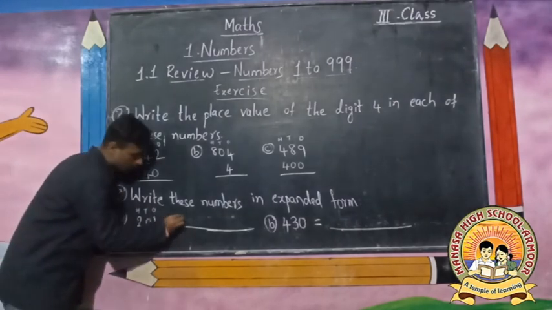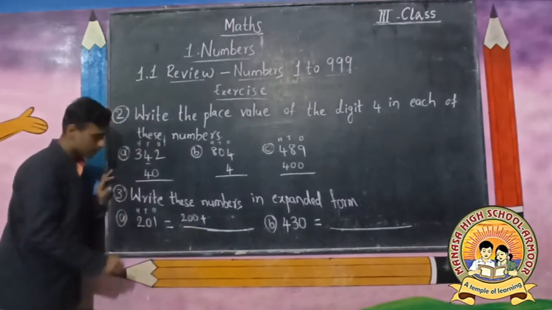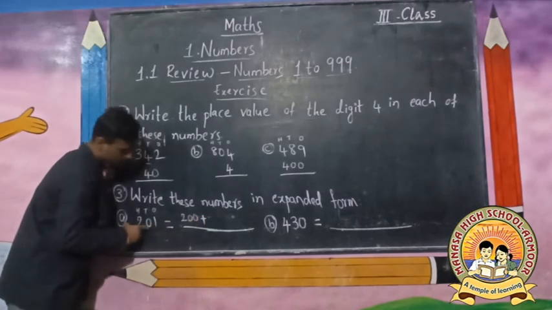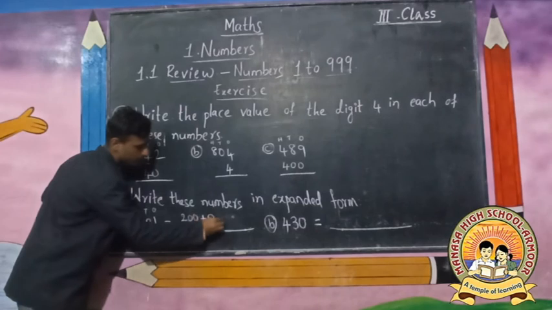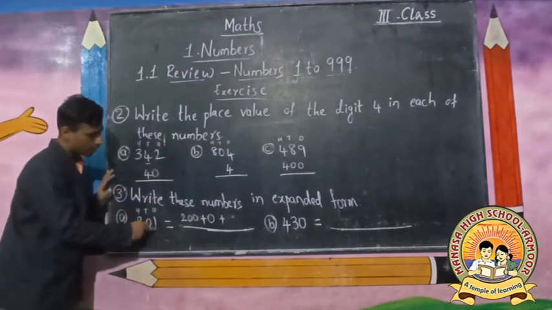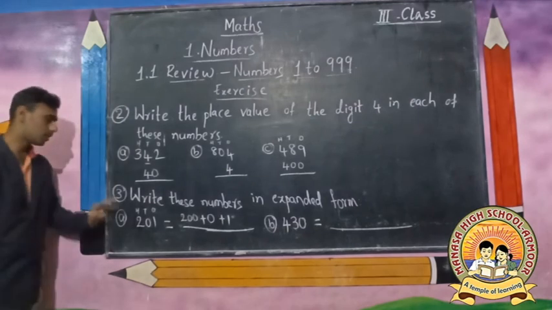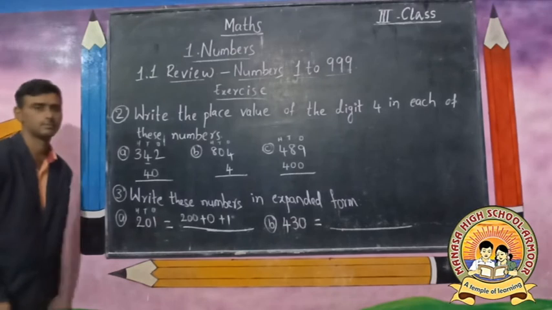So 200 plus 0 in tens place. The value of 0 in tens place is 0. The place value of 1 is 1. So here the answer is 200 plus 0 plus 1.